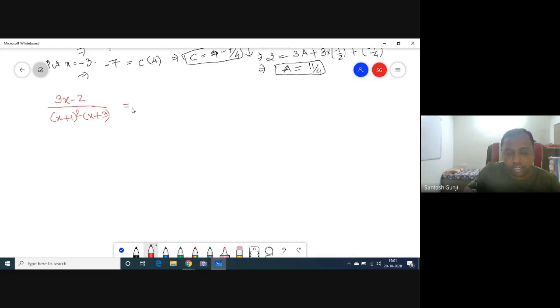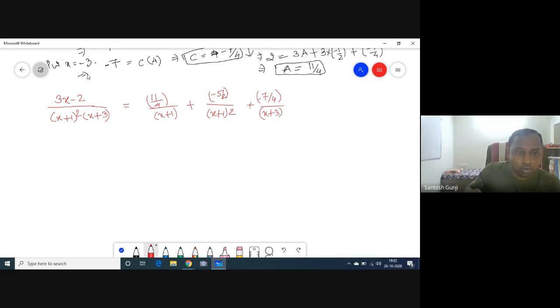It is going to reduce like this: a was 11 by 4, so I can keep 11 by 4 upon x plus 1, plus the value of b, which was minus 5 by 2 I think, something like that, I do not remember exactly, upon (x plus 1) the whole square, and the c value was minus 7 by 4 upon x plus 3. That's it.